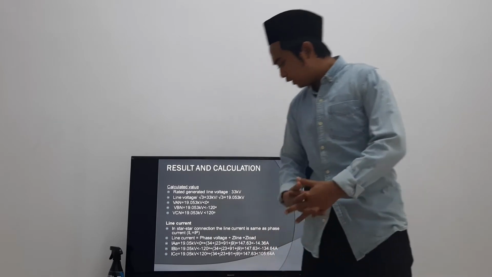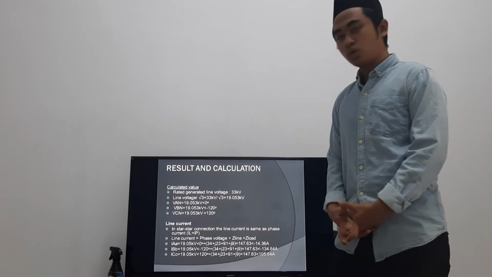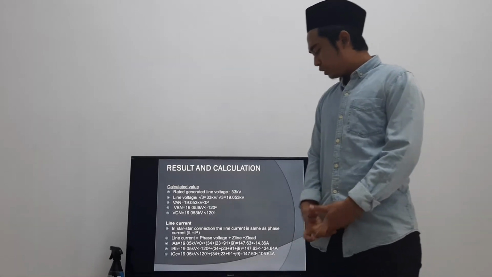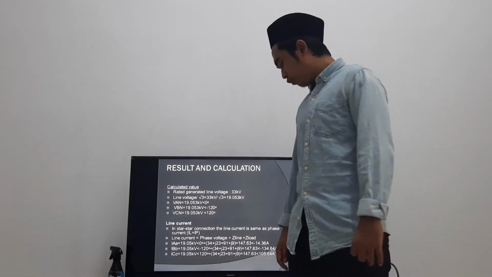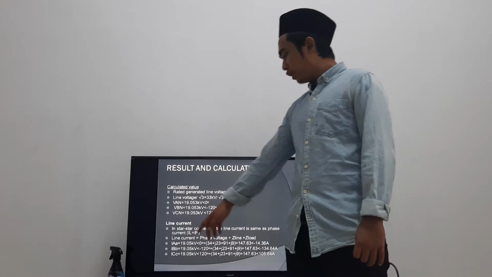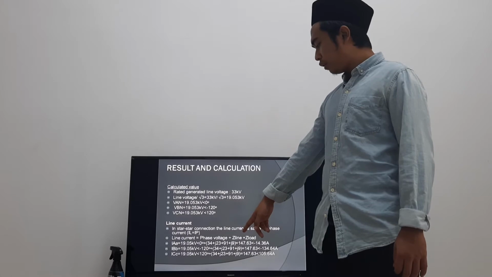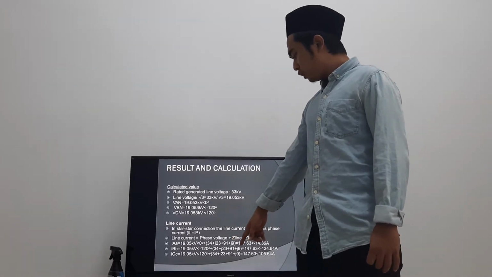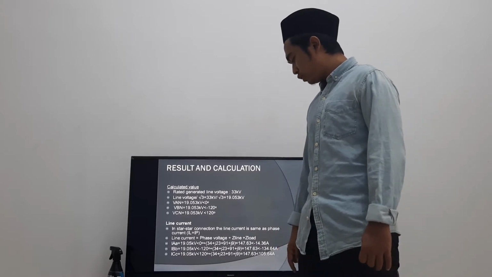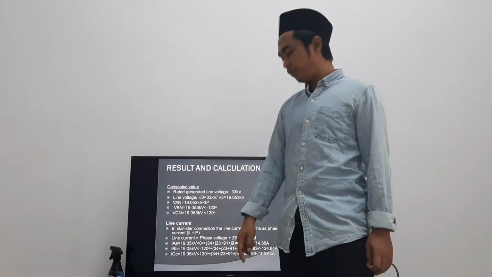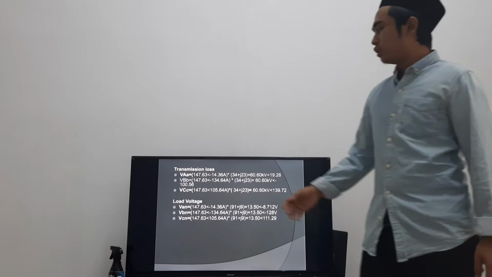For IBB, 19.05 kilovolt, angle -120, divided by 34 plus 23j plus 91 plus j9 equals 147.63, angle -134.64. For ICC, 19.05 kilovolt, angle 120, divided by 34 plus 23j plus 91 plus j9 equals 147.63, angle 105.64 ampere.